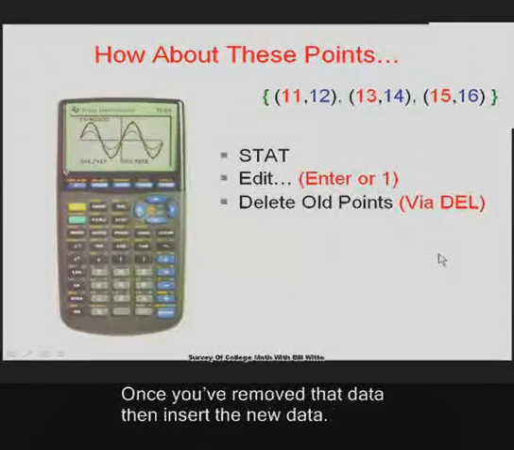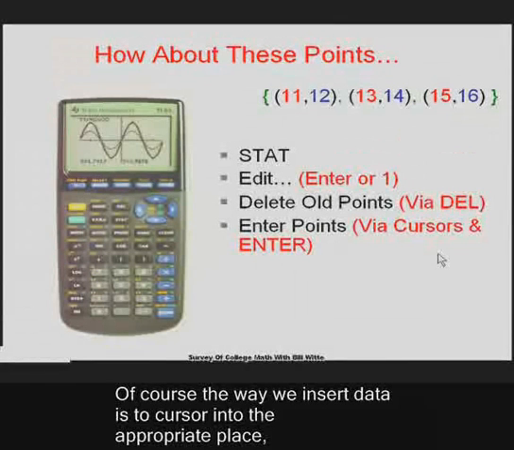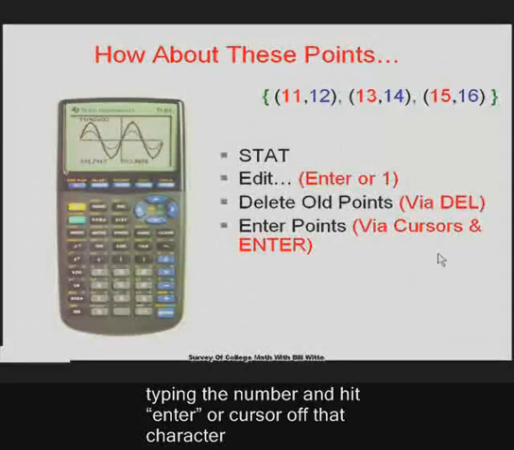And once you've removed that data, insert the new data: 11, 12, 13, 14, 15, 16. Of course, the way we insert data is via cursoring to the appropriate place, typing the number, and hitting enter, or cursoring off of that area. Just like a little spreadsheet, remember?